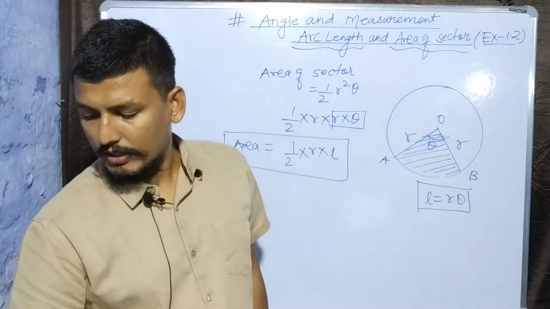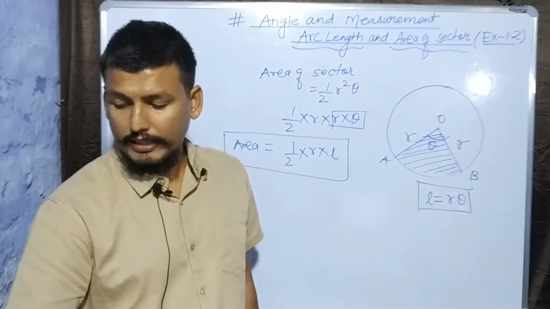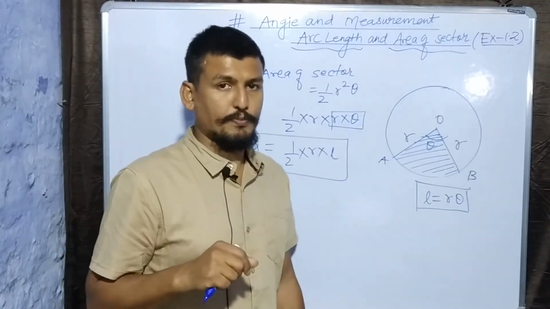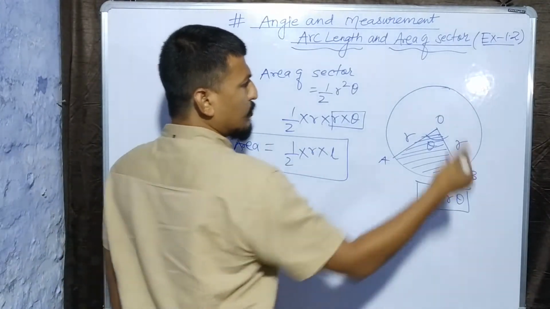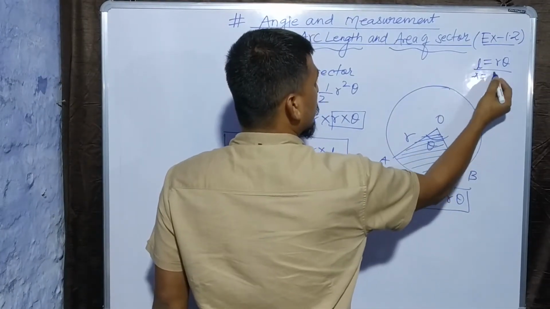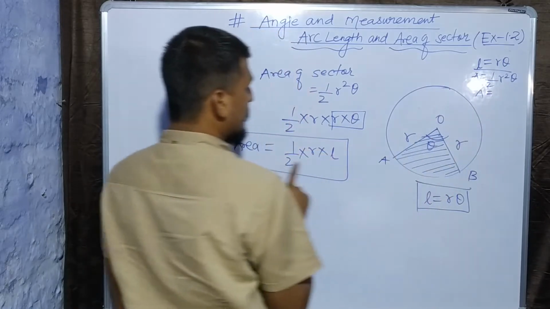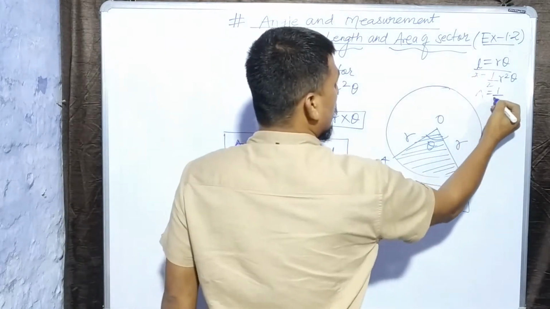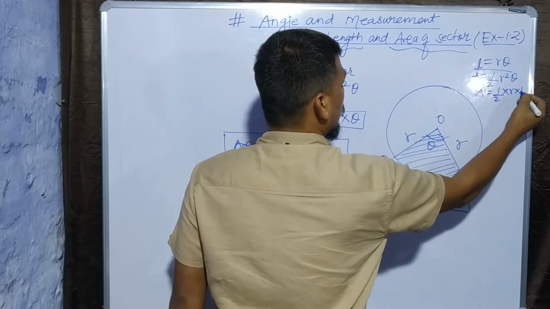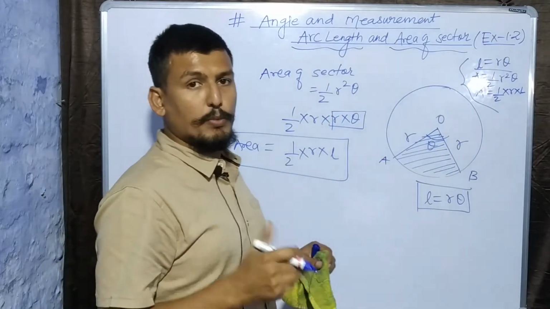After discussing this formula, we will move to exercise 1.2, right? So which formulas are to be used? L is equal to R theta, first one. Area of sector is equal to half R square theta, and third formula, area is equal to half into R into length. These three formulas are to be used in solving exercise 1.2.